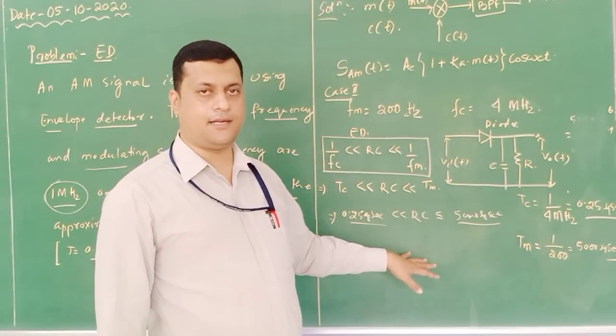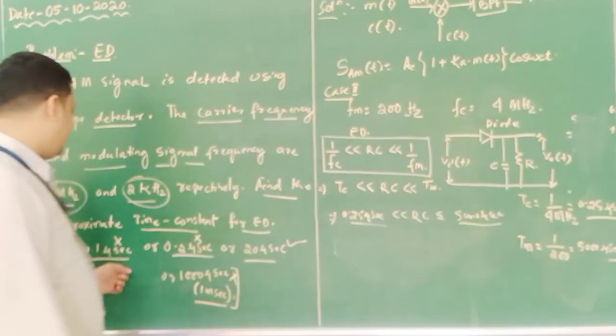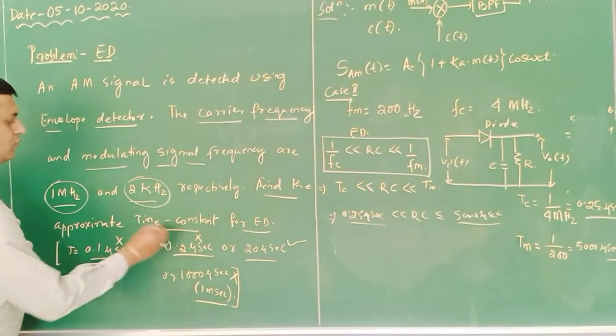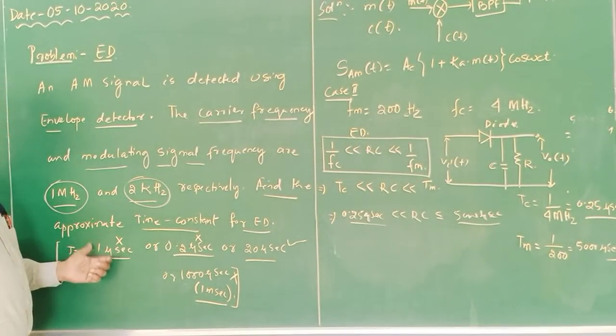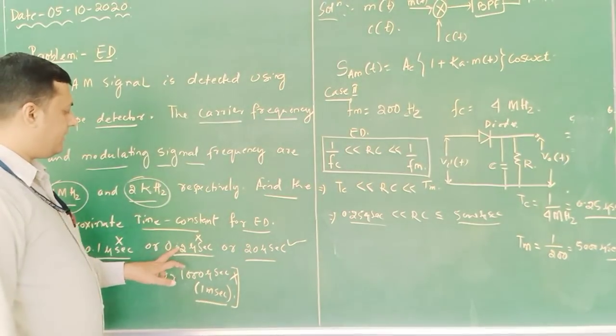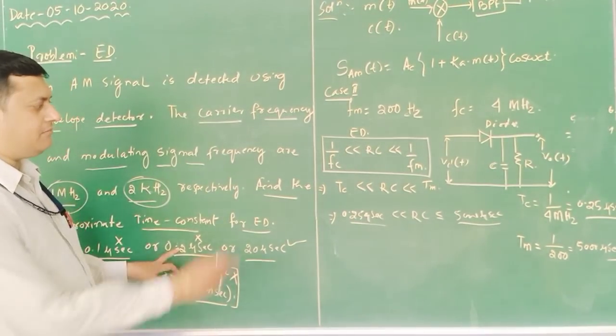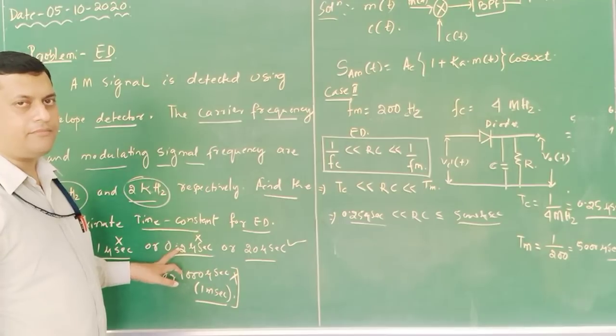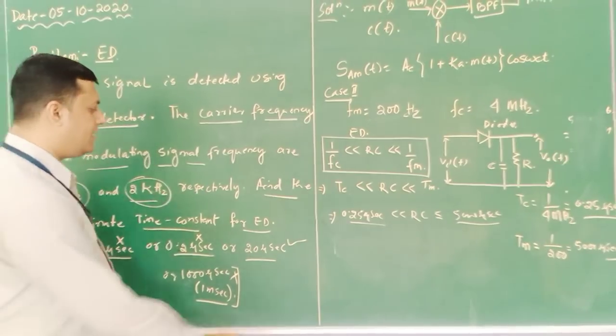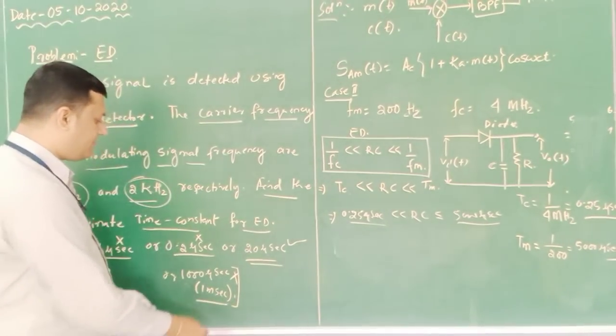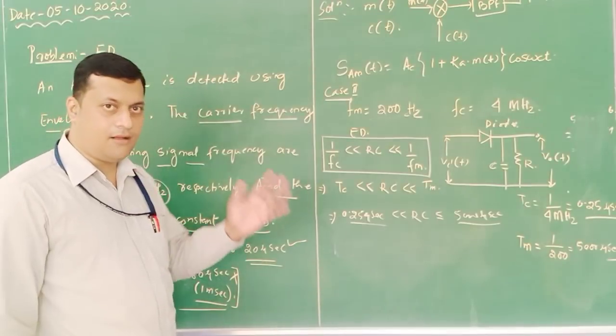If I consider this range, then 0.1 won't be possible, and 0.25 microsecond is also not possible, but 20 microsecond is possible and 1000 microsecond is also possible.